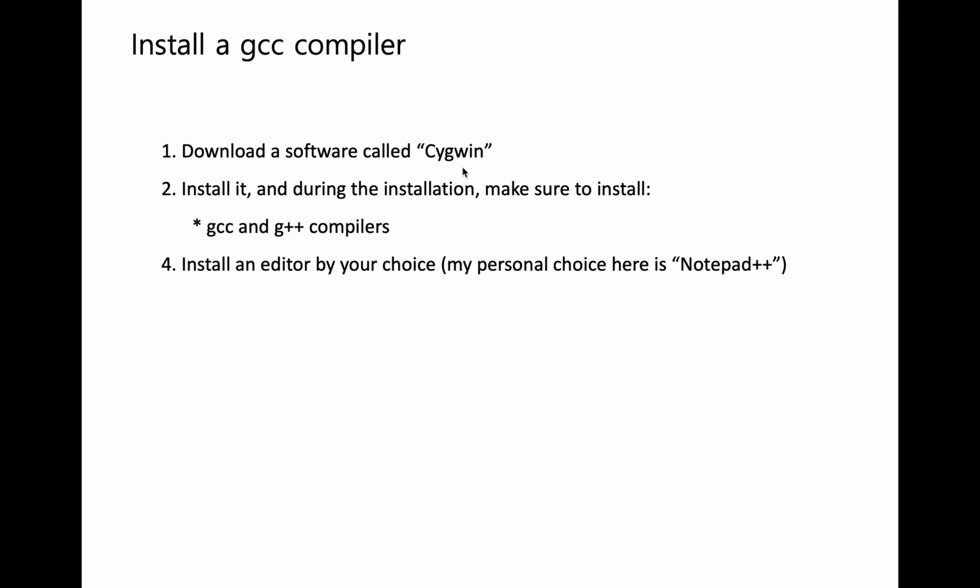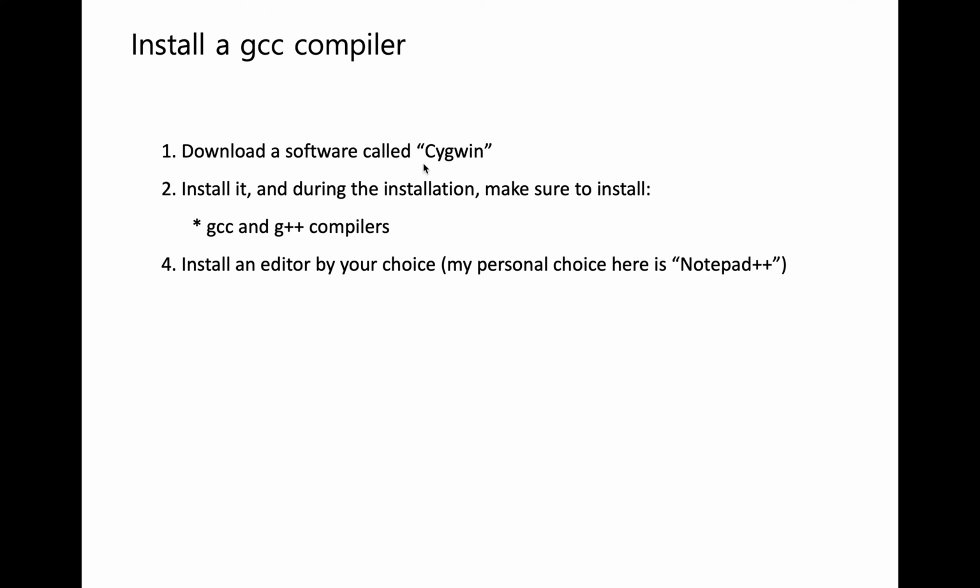So before all that, let's try to install the compiler itself, because I believe you don't have that compiler, and let's learn how to install it. The socket programming lab sessions are going to be on a Linux environment, and the personal computers in the high-tech building are not running Linux, so we will have to install software that will provide us a Linux environment.